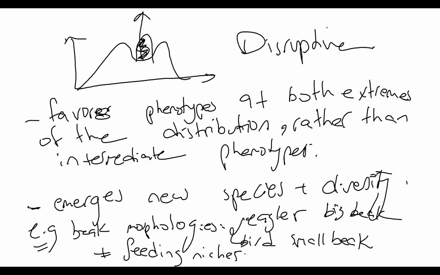Because of this character of the structure of the beak, the inhabitants eating a kind of food will be this. So when one affects the other, the disruptive selection happens.